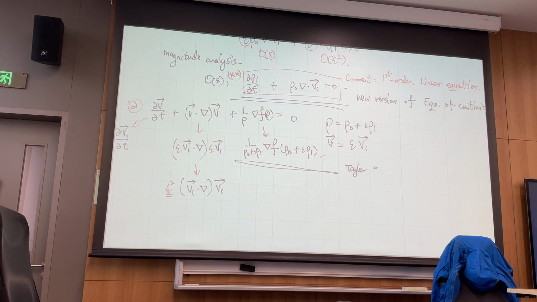We're going to expand this term around rho 0 and see what is the term on the order of epsilon, what is the term on the order of epsilon squared, and so on. So this is now left as a small exercise. Let's try to spend about 5 minutes on this.